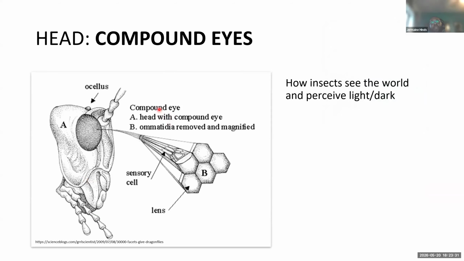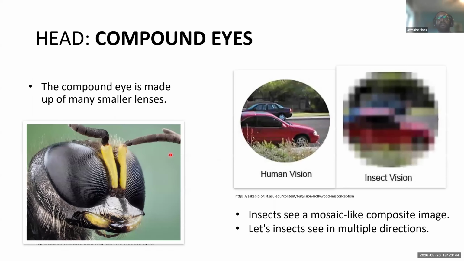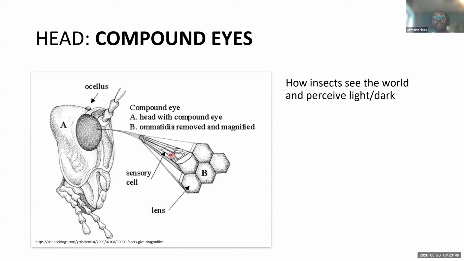When you take a look at the compound eyes, they're called compound eyes because they're made up of many little lenses. Their vision is a composite image of the images from those lenses. Insects also have a secondary eye called an ocellus, which helps them perceive light and dark. So many insects are attracted by lights at night or they shun light.